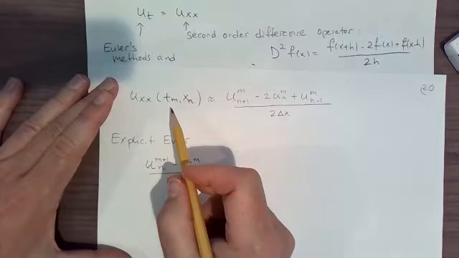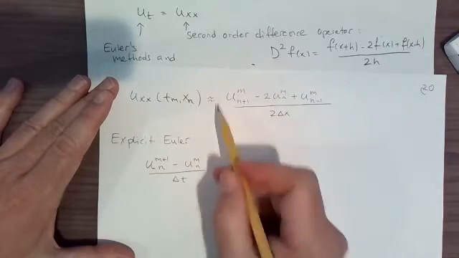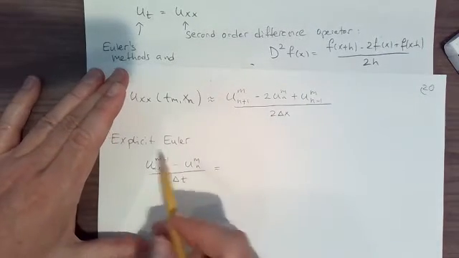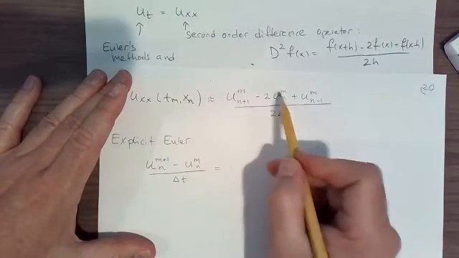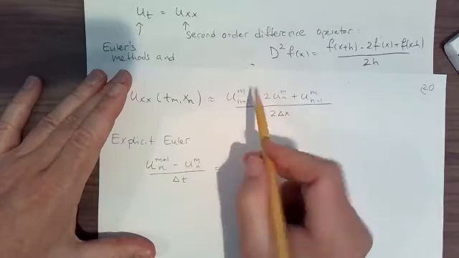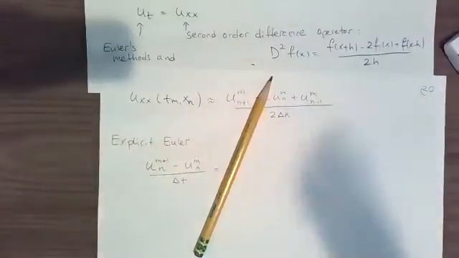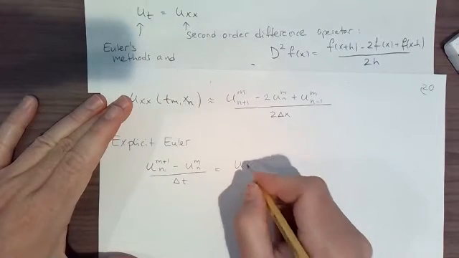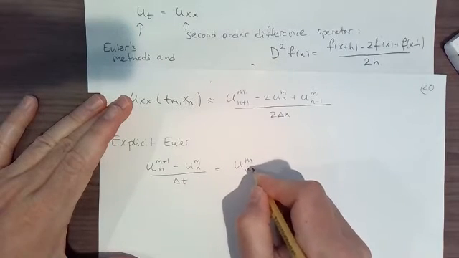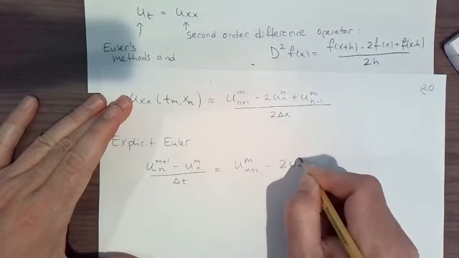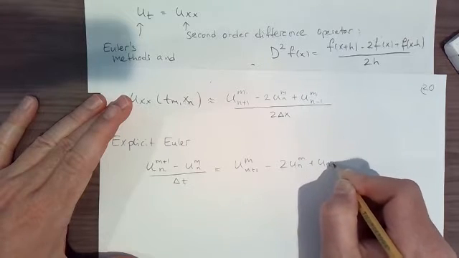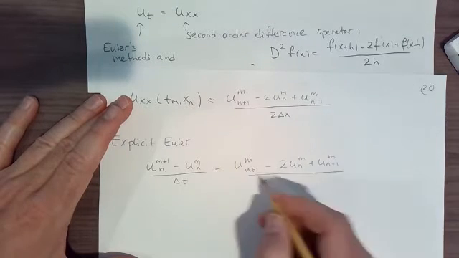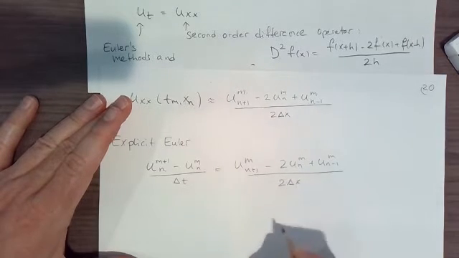I want to match that up with what I have over here. Explicit Euler means I'm using m's here; if I were to use the implicit Euler, I'd have to use m plus 1. So let me plug that in. This will be u_m^(n+1) minus 2 u_m^n plus u_m^(n-1), divided by 2 delta x.